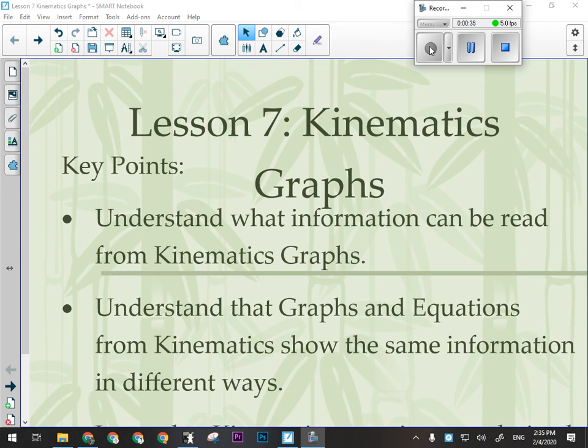The reason for that is, you could just memorize what's on a position-time graph and velocity versus time graph. That'll only get you so far. We're going to go over a dozen different graphs in Physics 20. That's a lot of stuff to memorize. We're talking about memorizing everything from 12 different graphs. You get to Physics 30, and it's anywhere between 35 and 50 different graphs.